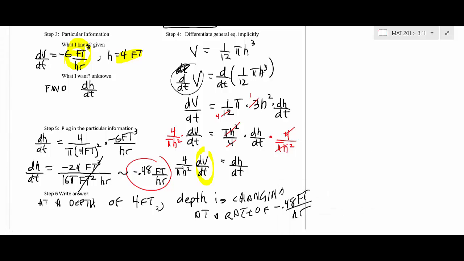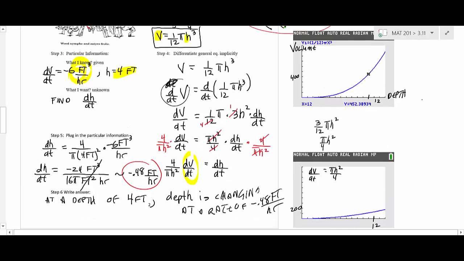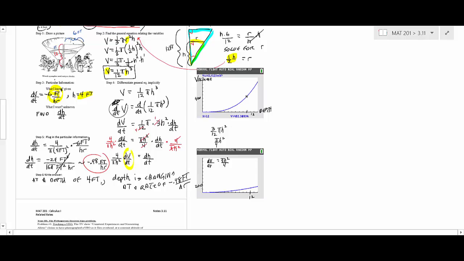Okay, and the question that I had in the beginning, in this problem that we just did, was, how is the rate changing? Well, I did a couple of graphs on here, and I just want to show you these 2 graphs. The volume, which is this, represents the volume of that particular cone.